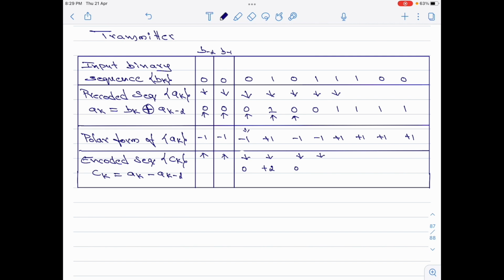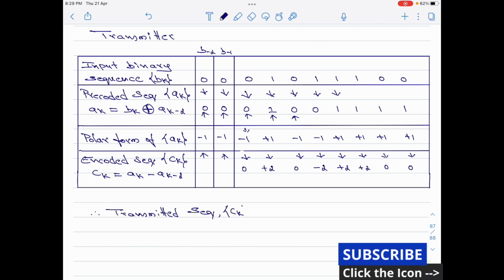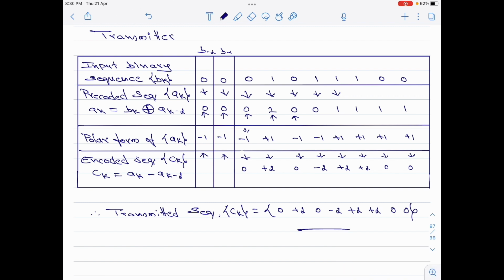Here it is minus 1, minus of plus 1, so it is minus 2. At this point it is plus 2. This point it is plus 2. Here it is 0. And here it is 0. Therefore, the transmitted sequence is given by, right, this is our new transmitted sequence.